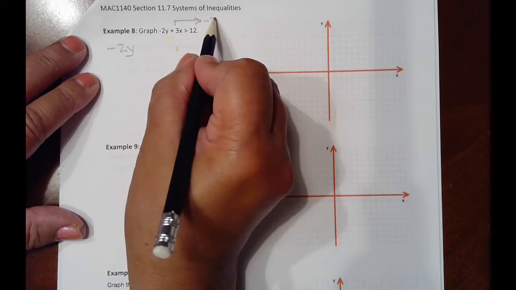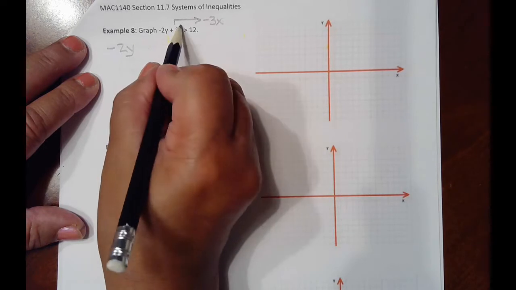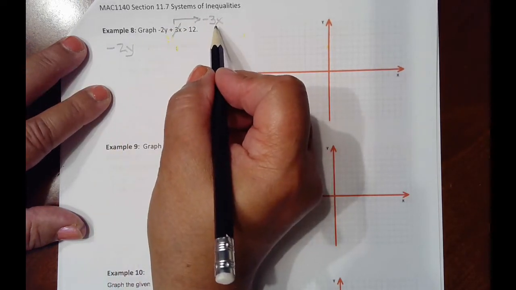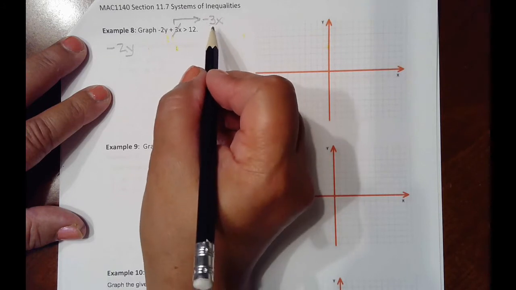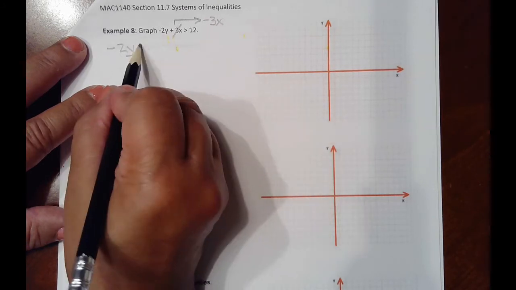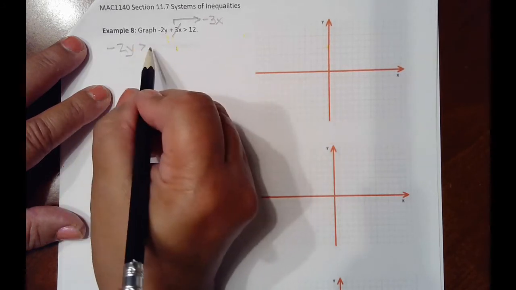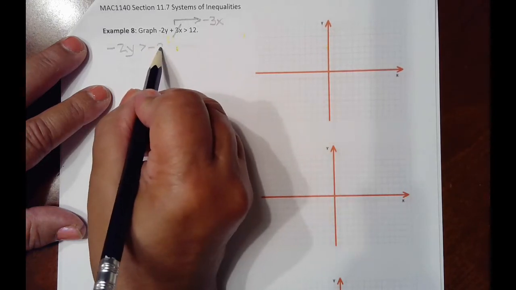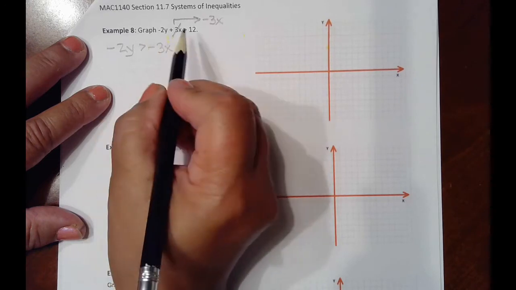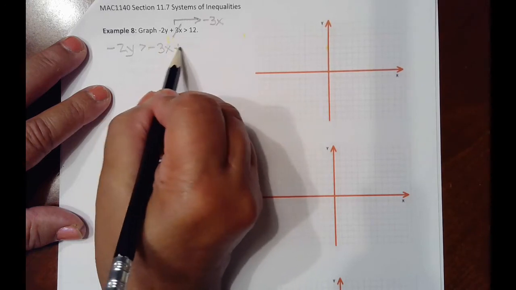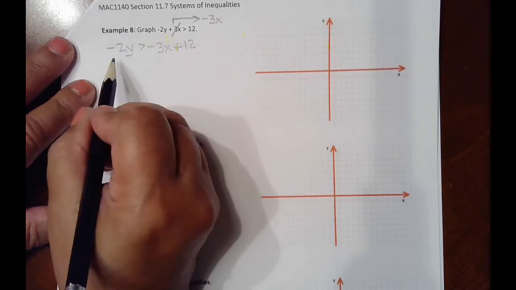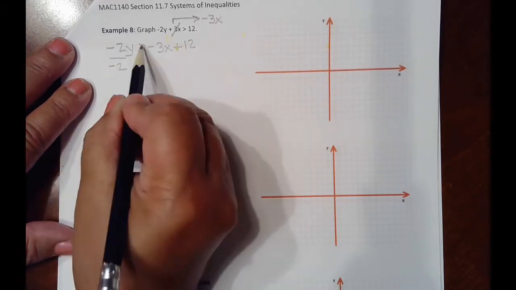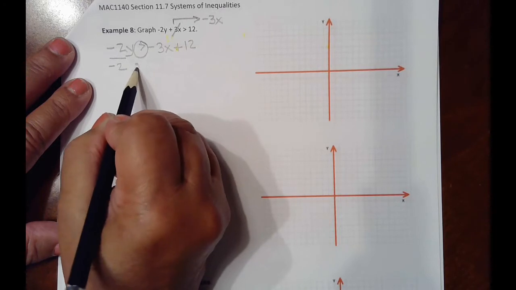In other words, subtract 3x from this side, which would make it go away, and then it appears on the other side, but with the opposite sign. At that point, you have not made the switch, because just subtracting 3x and subtracting 3x does not cause that to happen. I'm going to write the negative 3x first, followed by the positive 12. Continue to solve. Now this step is going to cause this symbol to switch.